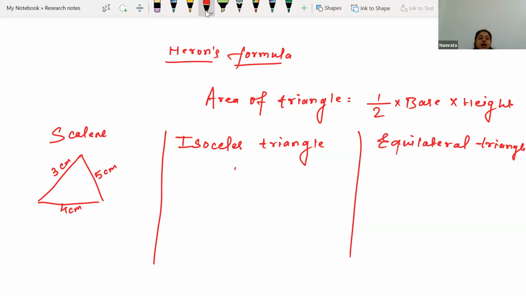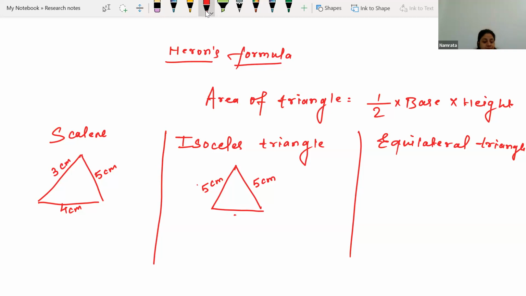If we are talking about an isosceles triangle, then we can take a triangle where this side is 5 centimeter, this side is also 5 centimeter, and this is total, let's say, let me take the data properly so that it will make the calculation easier. Now we are going to do a few calculations over here. Just give me a second.